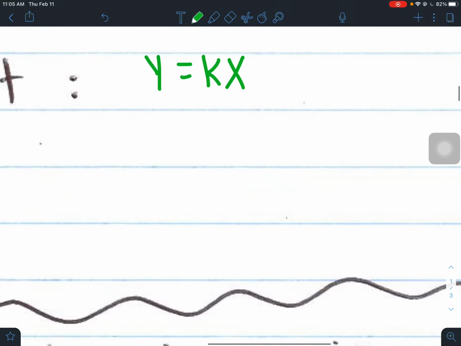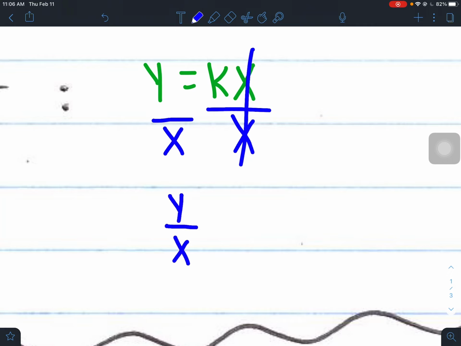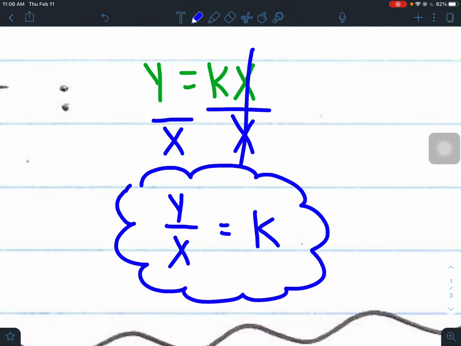We want to get k by itself, so we've got to get rid of the x that's attached to it. Since k and x are connected by multiplication, I would divide both sides by x. Those x's go away, and I have y divided by x equals k. This is the formula to find k. It's y divided by x.